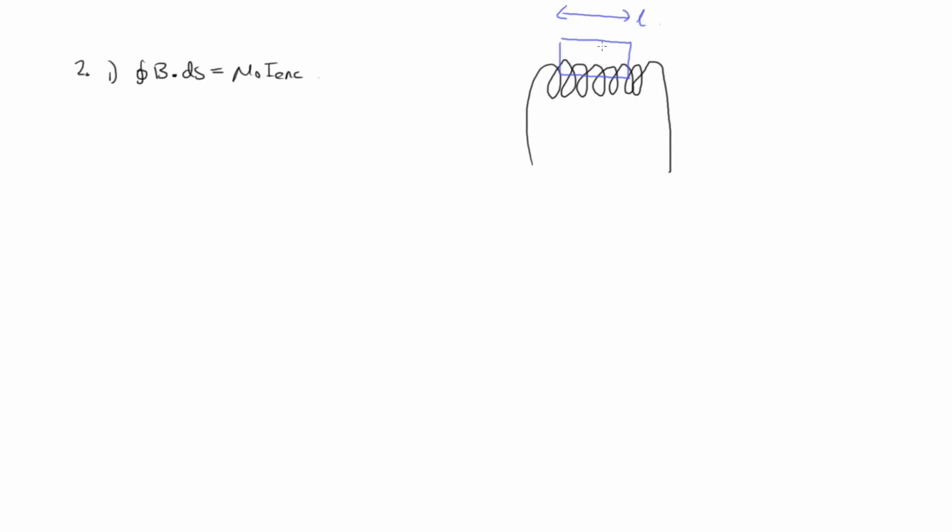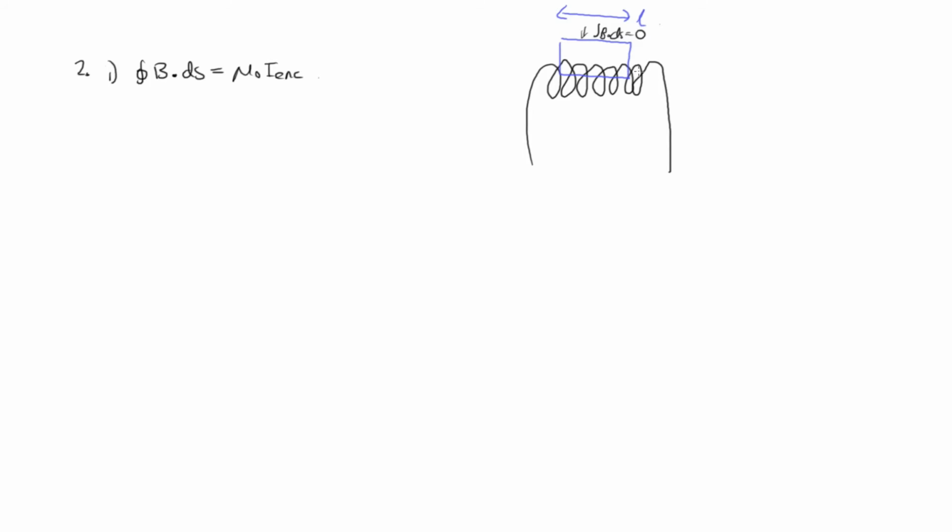So what we'll do is consider what's going on along each of these sides of the rectangle. If we assume that this side is a very long way away, then we have no magnetic field at that point. So along this side, the integral of B ds is equal to 0. These two sides will also contribute 0 when we combine them.